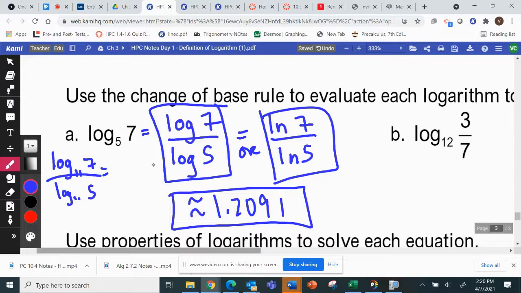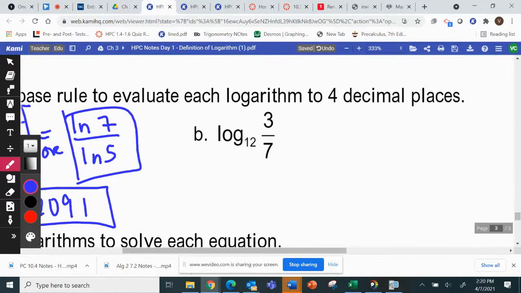I don't believe all of you. So for this one, we're going to do change of base. It doesn't matter if you use log base 10 or if you use ln. It doesn't matter. But you should be able to write what the change of base is.